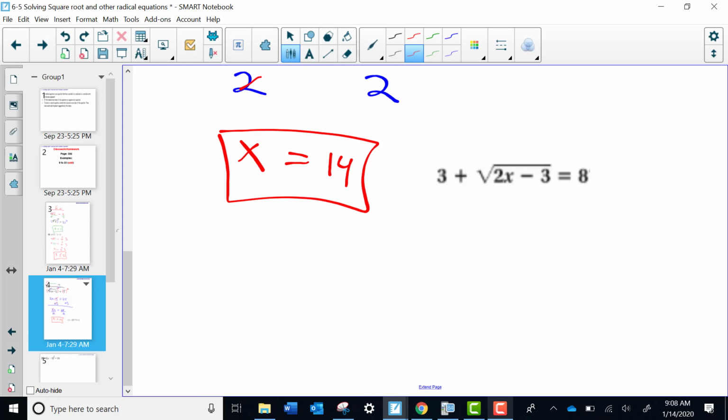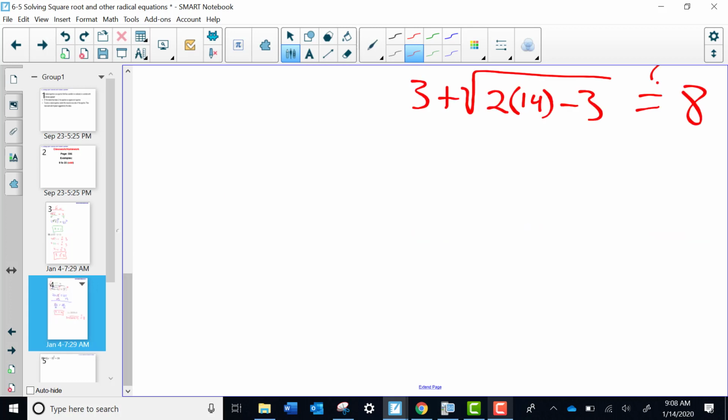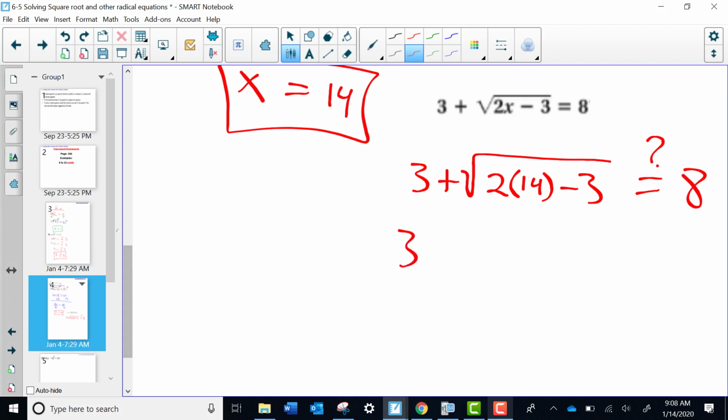X is equal to 14, so 3 plus the square root of 2 times 14 minus 3, does that equal 8? 3 plus the square root of 28 minus 3.